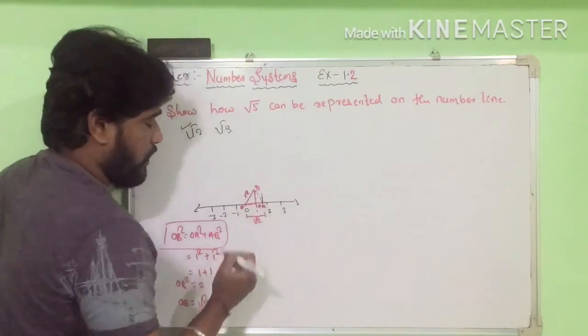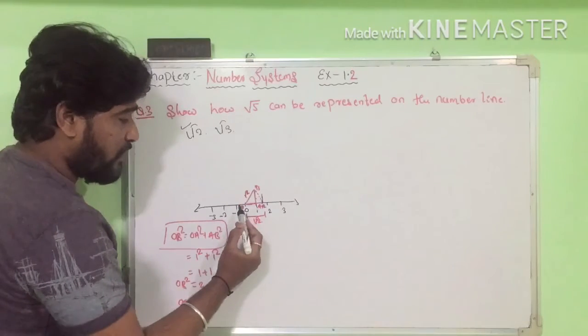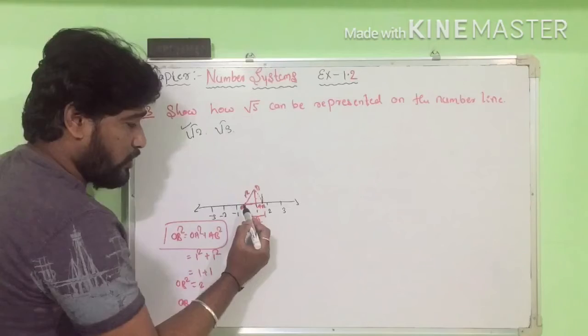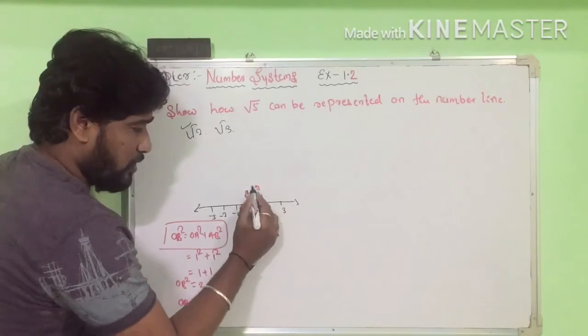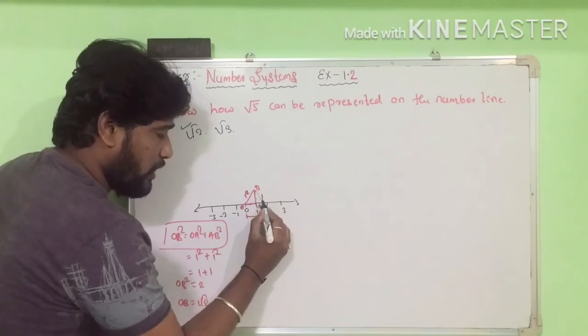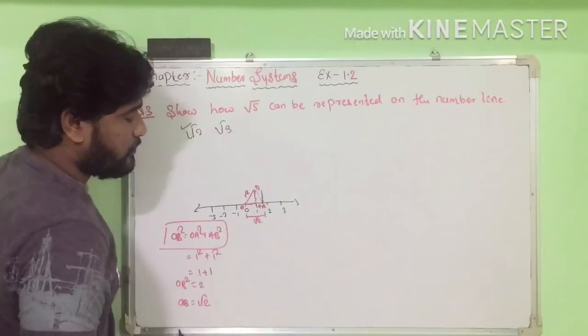Otherwise, first draw a number line and take root 2 units from 0 in the positive direction of the number line. First we draw root 2, and after that draw one perpendicular line. That length is also 1 unit.